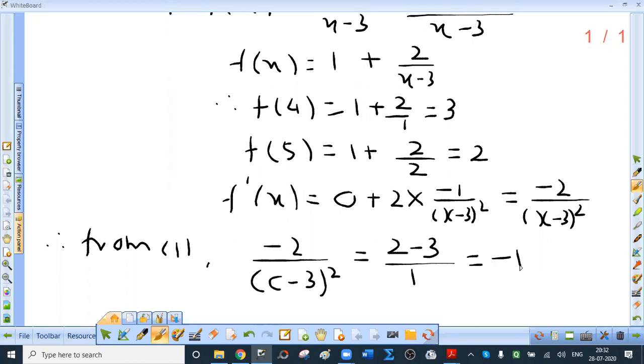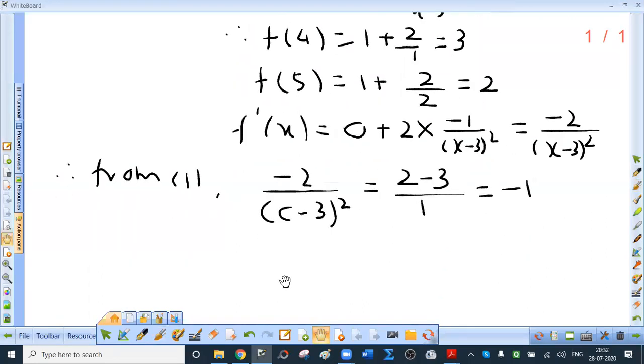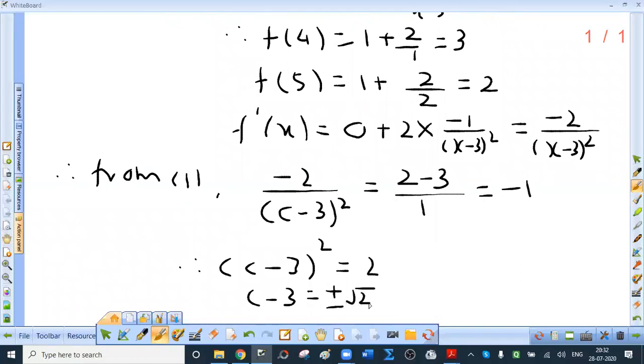So this is nothing but minus 1. So if you rearrange the terms, tell me what you get. So I can directly write c minus 3 bracket square equal to 2. So c minus 3 is plus minus root 2. Therefore, c equal to 3 plus minus root 2.